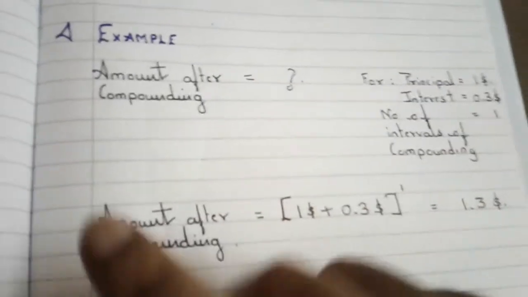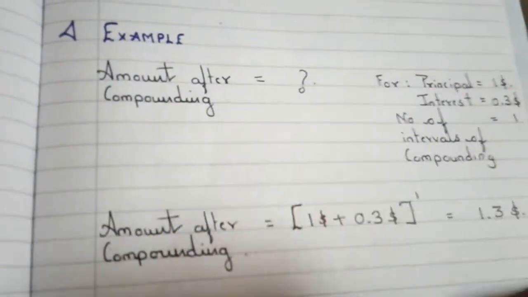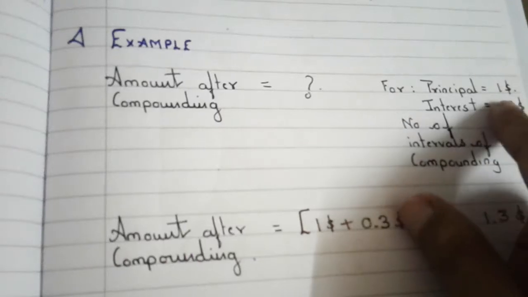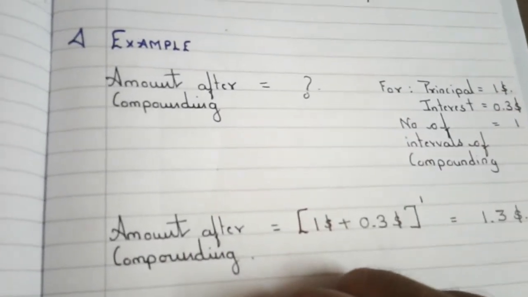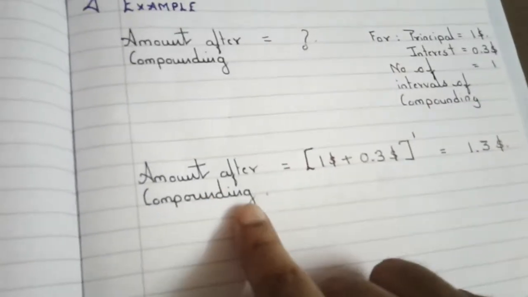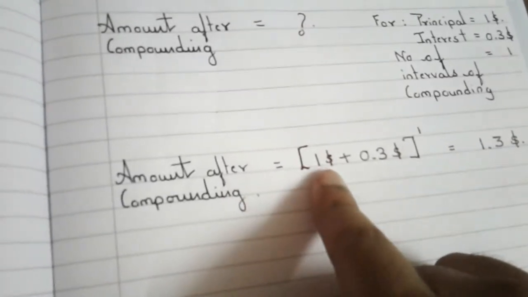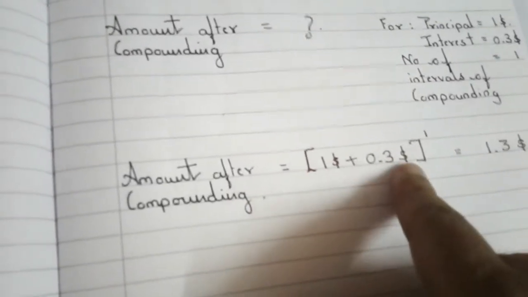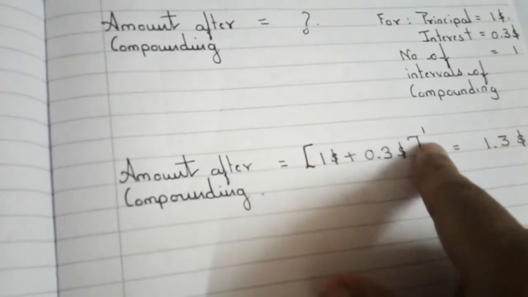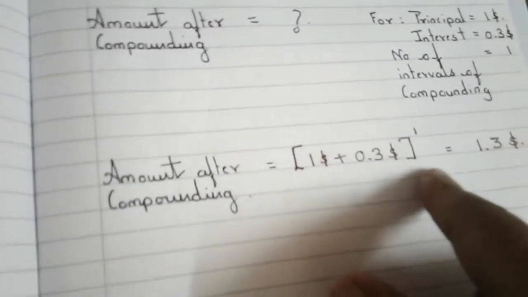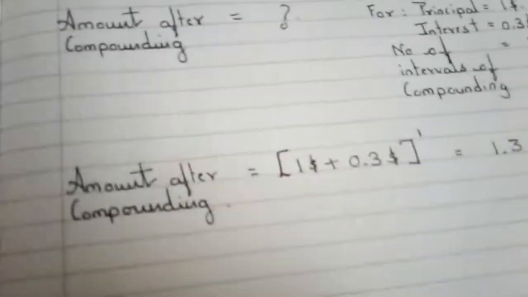That is, only one interval has taken place in which you have got an interest of 0.3 for every $1 that you have put. So the amount after compounding is equal to $1 plus 30 cents, the whole raised to 1. So the total amount is $1.3.